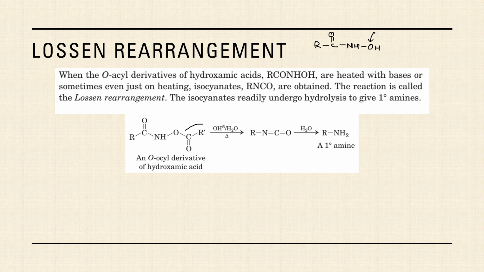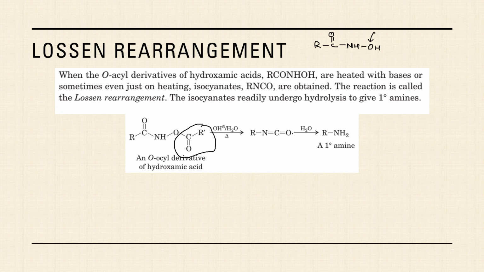इसे यहां पे RC double bond O. That is an acyl group. वो कैसे आप लगाओगे? That's a different thing altogether. But if you attach it to an acyl group and you treat it with base or just by heating, you will get an isocyanate. उसको water के साथ treat करने पे 1 degree अमीन मिलता है.